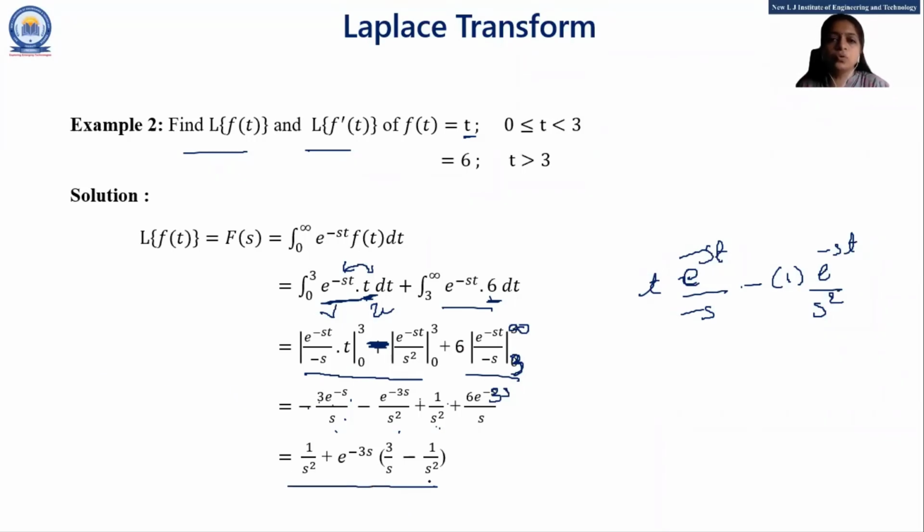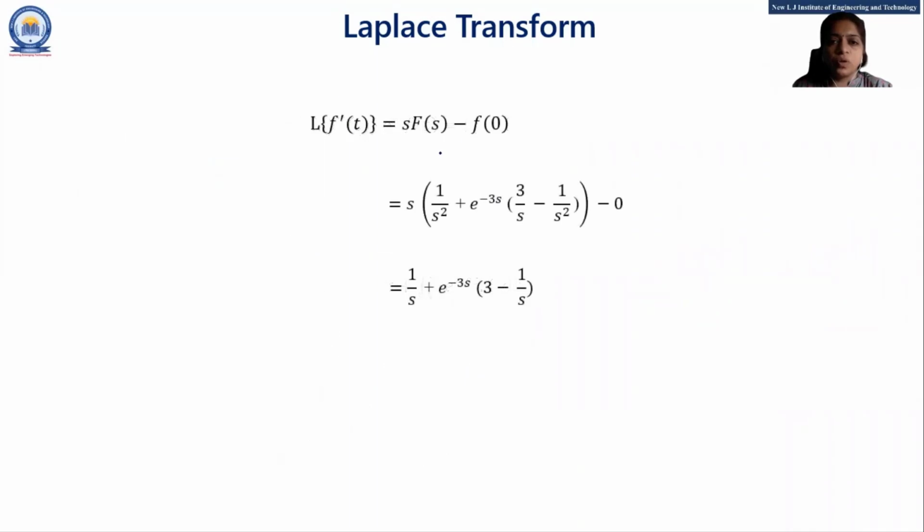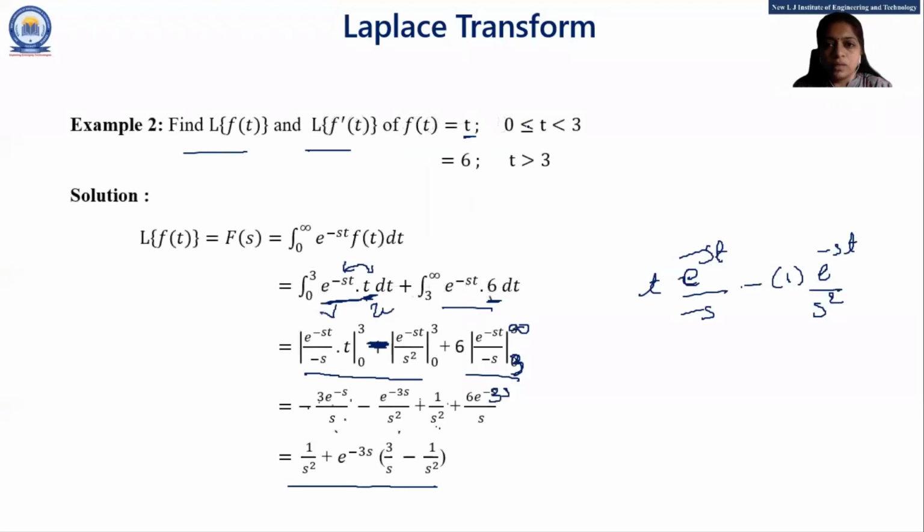But what to do for Laplace of f dash t? For Laplace of f dash t, our formula is s F of s minus small f of 0. So this is the answer of capital F of s. And for small f of 0, when t equals 0, you have to write t, but your t is replaced by 0.